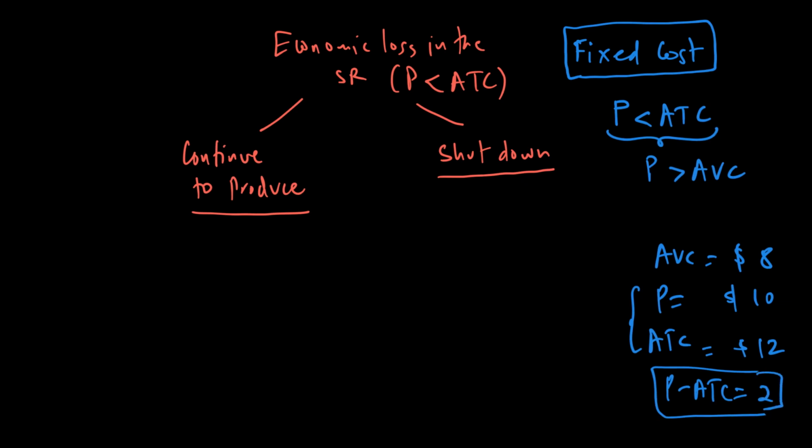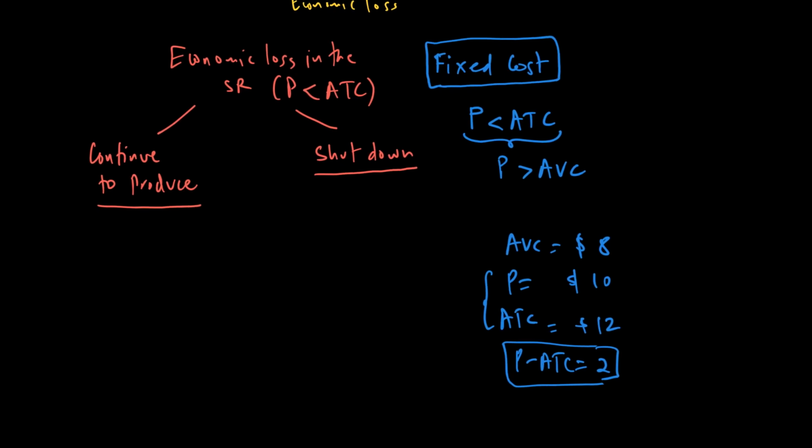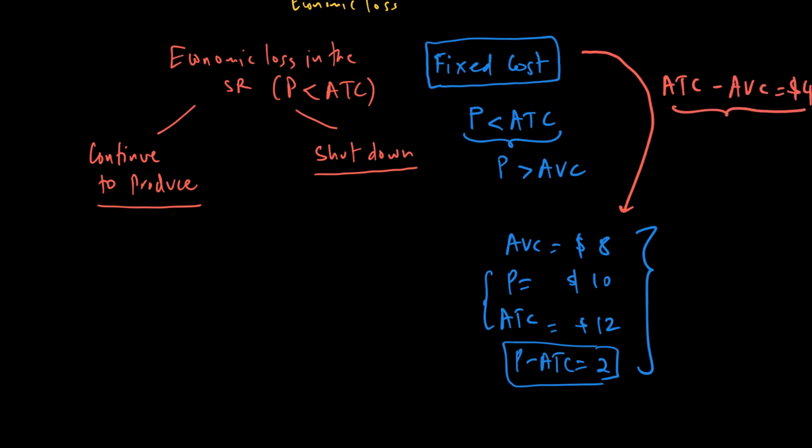What if you continue to produce in this case? Whenever we shut down, we have to pay our fixed cost. Here, my fixed cost is ATC minus AVC, which is $4, because ATC is $12 and AVC is $8.